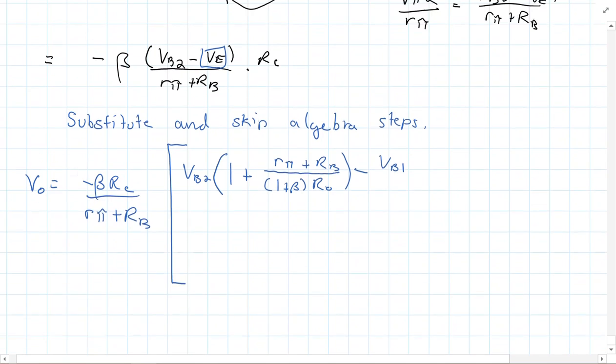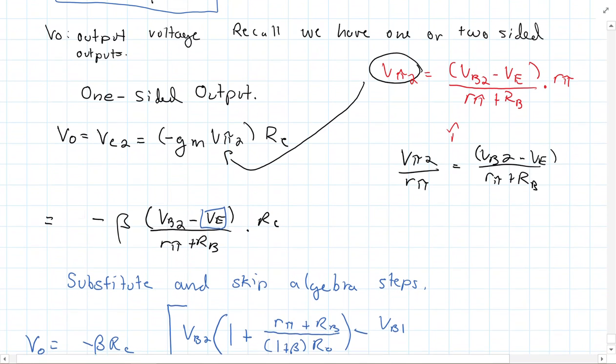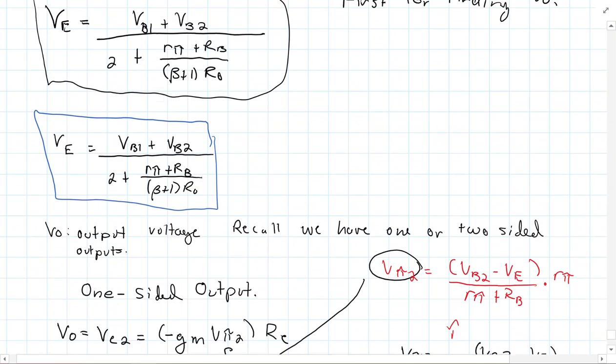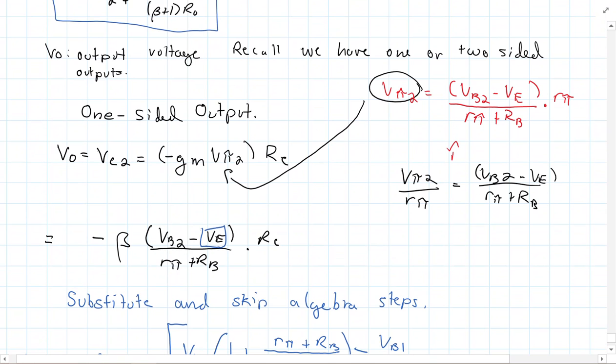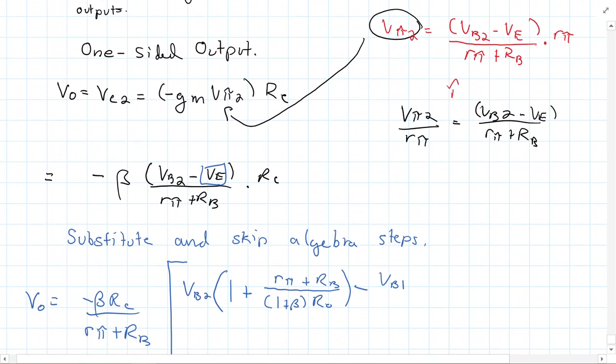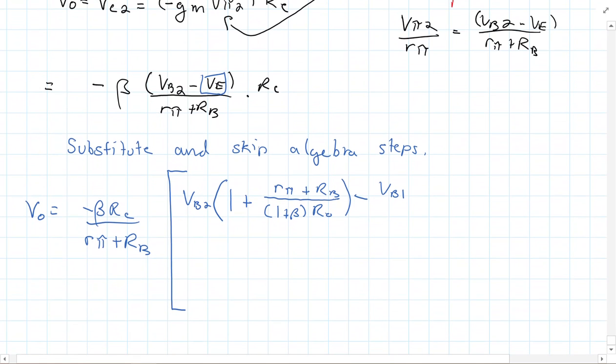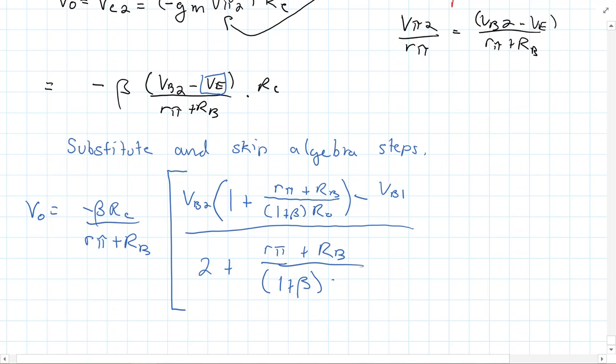Because if you think about it, we have VB1 plus VB2, but we're doing VB2 minus VE, so that's why we get that minus VB1 there. And then this is all divided by 2 plus R pi plus RB over 1 plus beta RO. Oh, pretty ugly here.